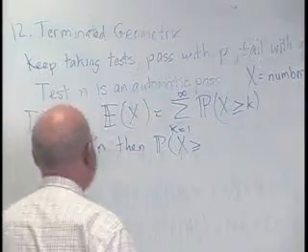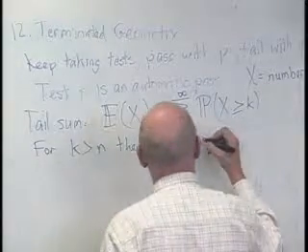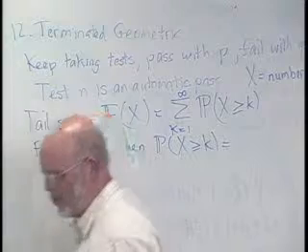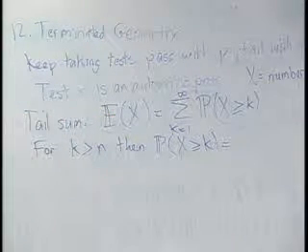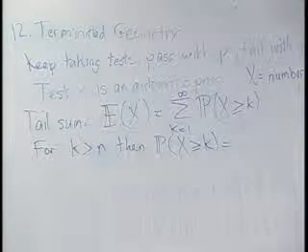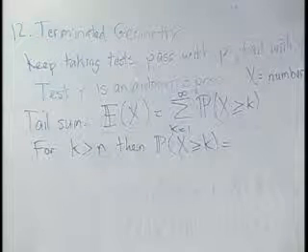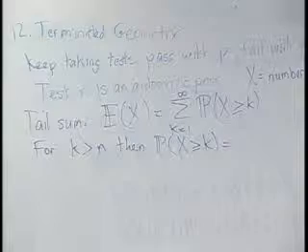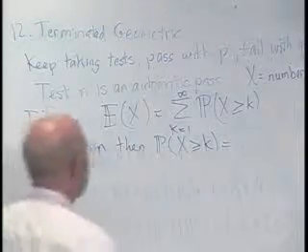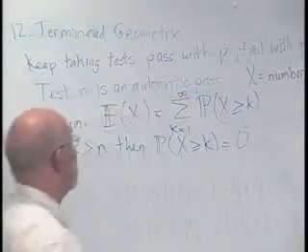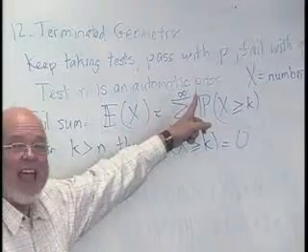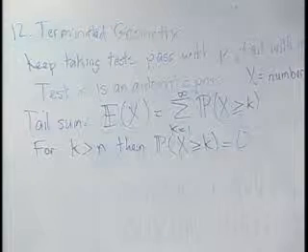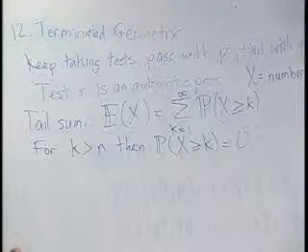If k is greater than n, the probability that x is greater than or equal to k is equal to what? 0, right? Because there's no probability that this kid will have to take more than n tests. He will be passed on the nth test. So that means the upper limit is really n on this series. And up to n, we've just got a geometric series.